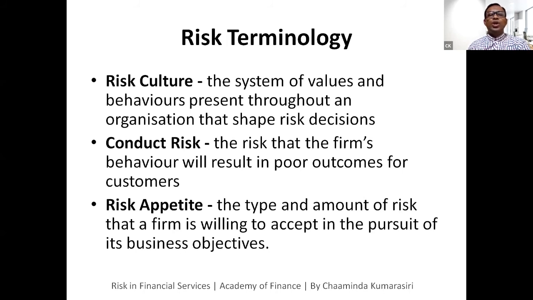That is what you decide as the amount of risk you can bite. And this is one of the main differentiators in how different banks will grow their loan book.